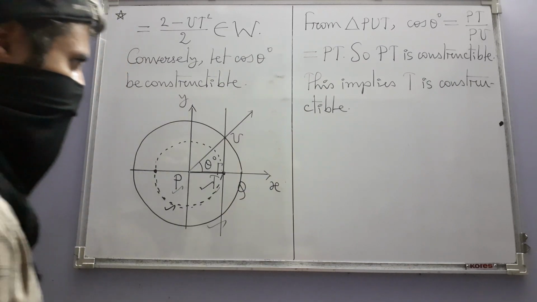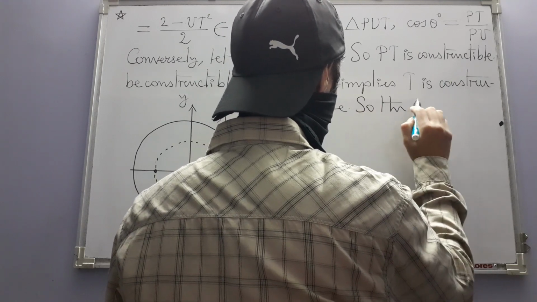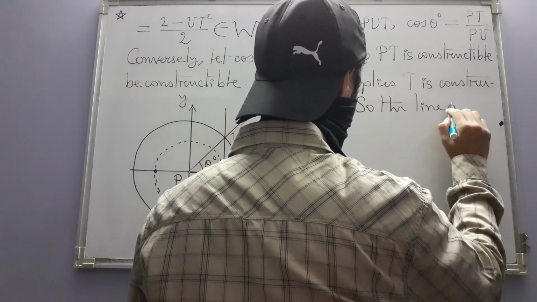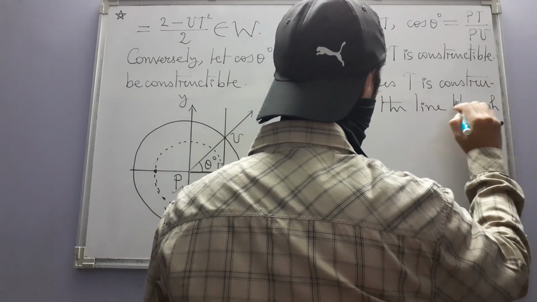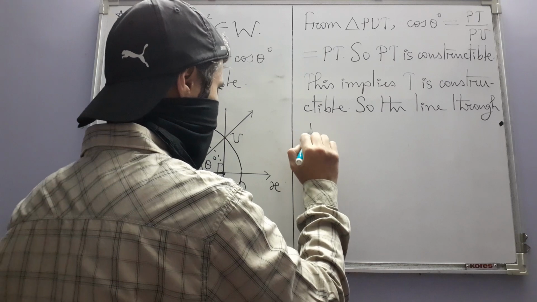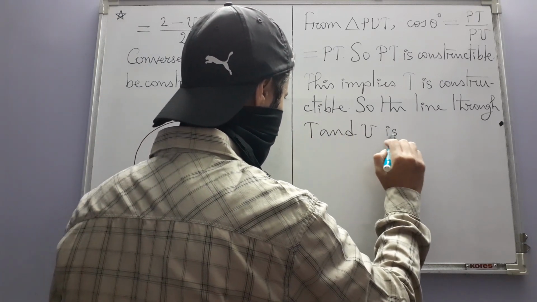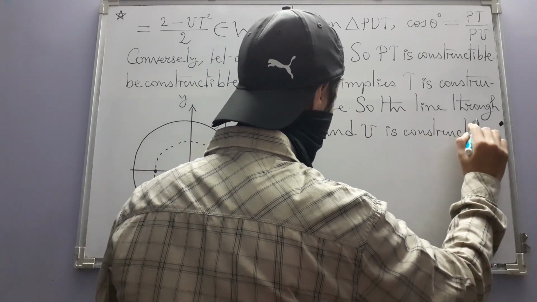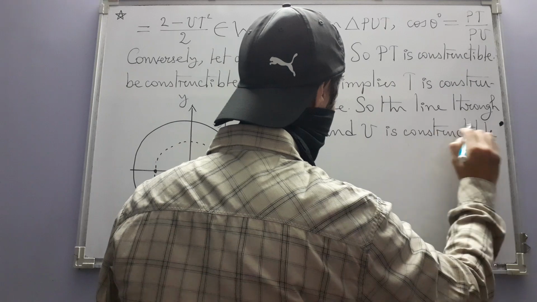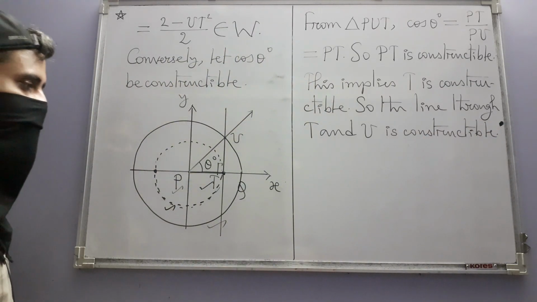All right. So the line through T and U is constructible. How? By what result?